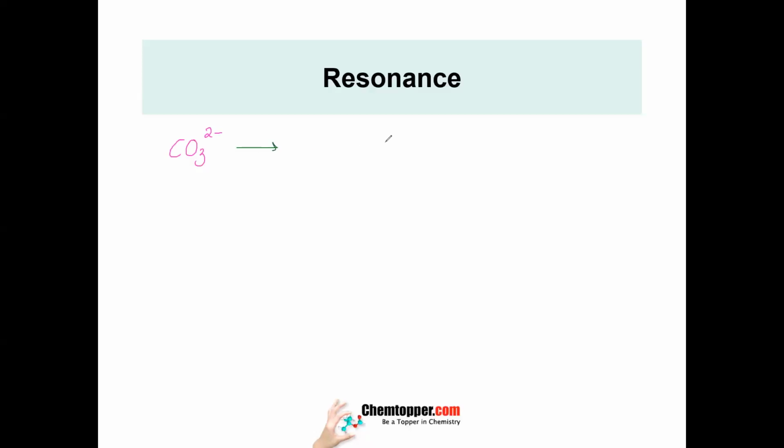Central element, carbon. In the skeleton, I'm going to make 3 oxygens like this. I'm going to count the total valence electrons. How much? Like this. There is 2 minus. So what does it mean?